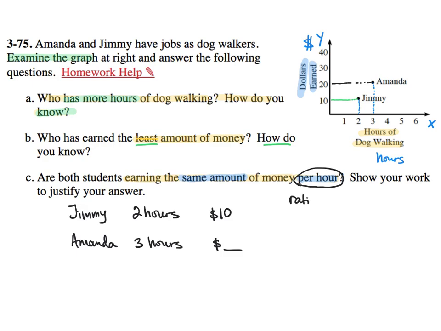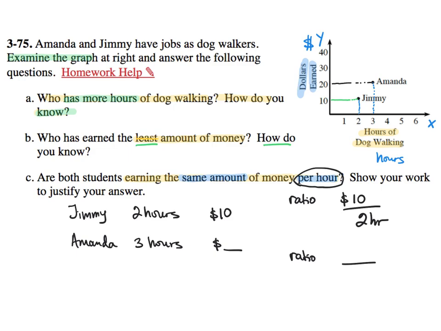For the ratio, we want per hour, so the hours have to be recorded on the bottom. For Jimmy, he has 2 hours and earns $10, so that's his ratio. Go ahead and write the ratio for Amanda yourself, and then simplify it so you can get per 1 hour.